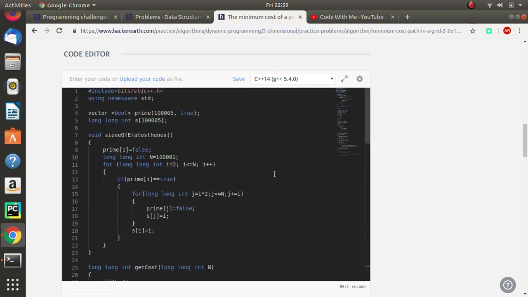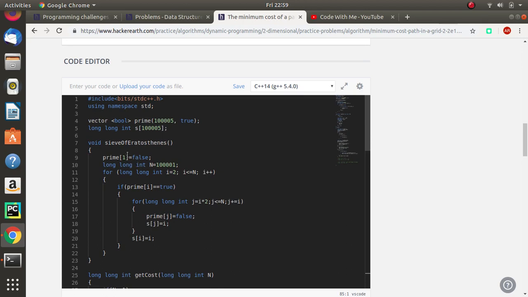What the sieve function does is basically mark numbers as primes or non-primes, just like a normal sieve, but it will also do one thing: s of i will store the maximum prime number that divides i.